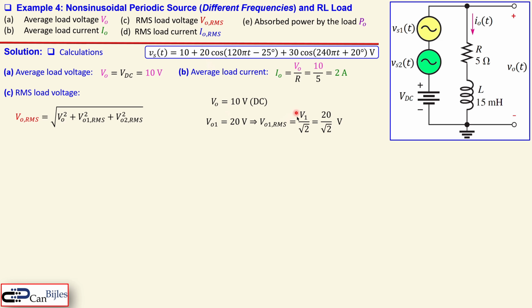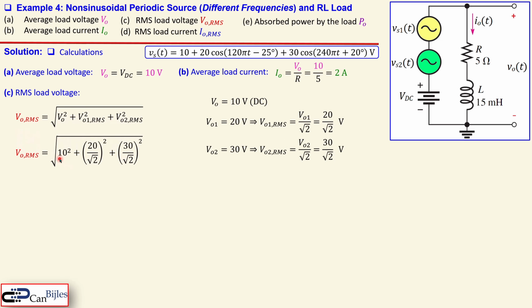Now you go to the RMS, you divide just by square root of 2. And the other one is you take the 30 and you divide by the square root of 2, and you get out these two values. Okay, now having calculated the elements here, we can just substitute them. 10 squared plus 20 over square root of 2 quantity squared, and then 30 over square root of 2 quantity squared. That's all from here. Now that will give us 27.39 volts. Okay, that's for question C.